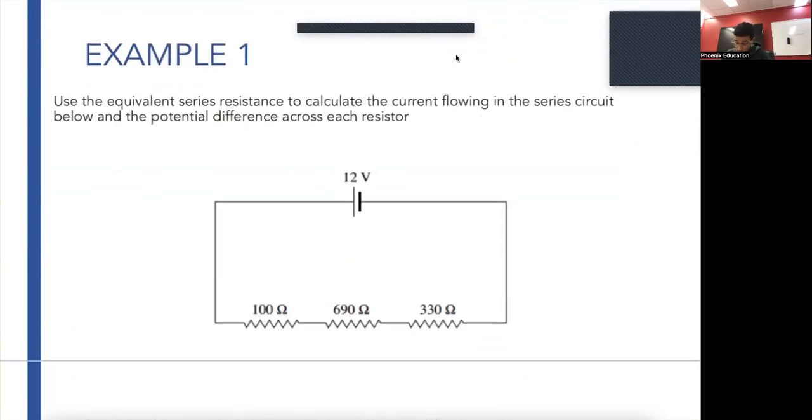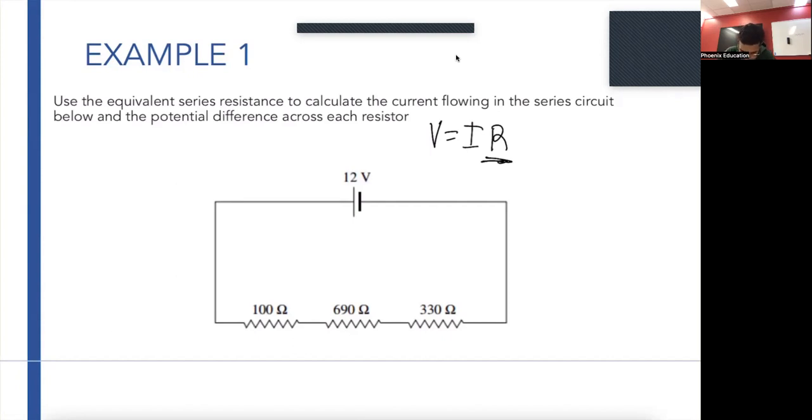So we'll go through this example here. Use the equivalent series resistance to calculate the current flowing through this series circuit. Okay, so when applying Ohm's law, what we want is this R to be the total resistance of the circuit. So instead of using this diagram, we can redraw it, right? The way we would redraw it is we'd calculate the total resistance.